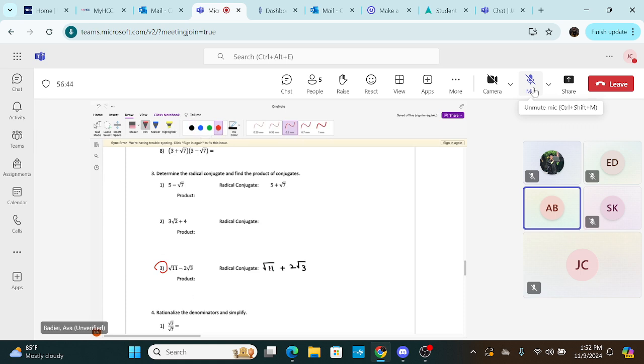Now, if we try to multiply these, we are going to get square root of 11 minus 2 square root of 3 times square root of 11 plus 2 square root of 3.